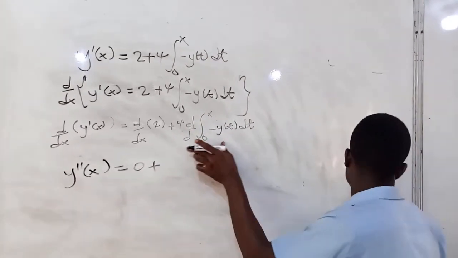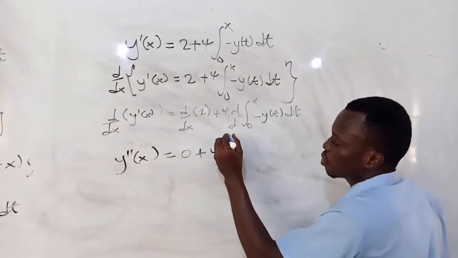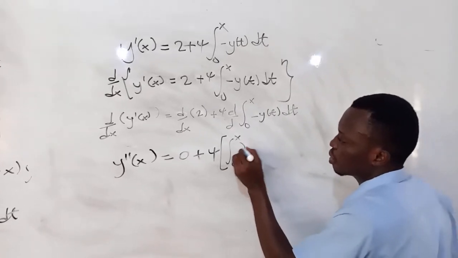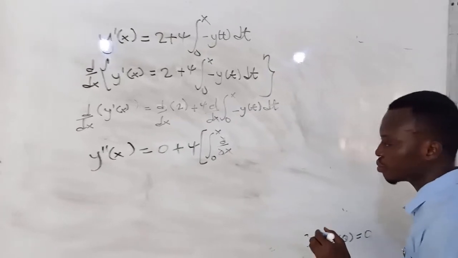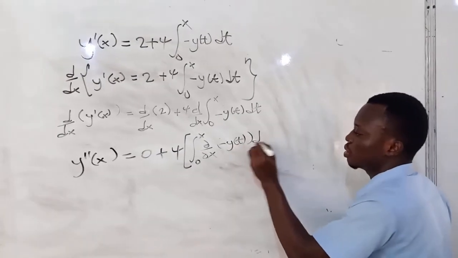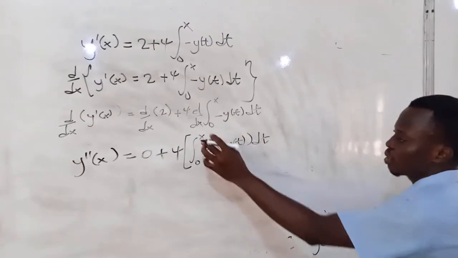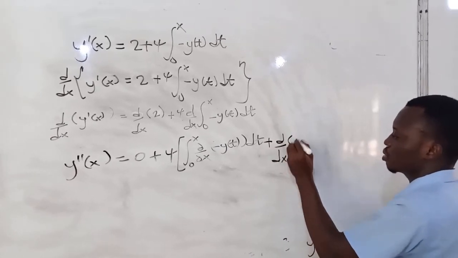So you need to apply differentiation under the integral sign. So 4 times the bracket: integral from 0 to s of del/del s of (s minus t) y of t dt, plus the derivative of the upper limit, which is s, d/ds.